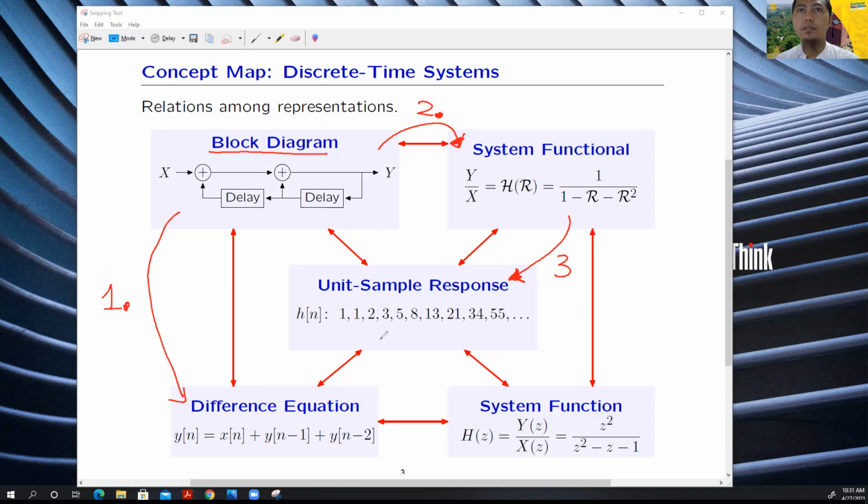And from number 4, how to explain this system functional in R to the Z. This is number 4. And number 5, how to explain the unit sample response to the Z.